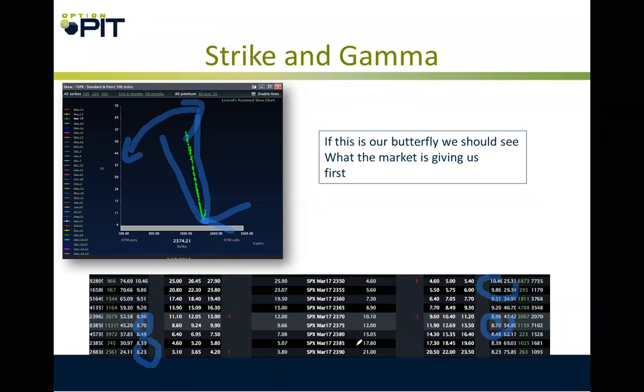If you think about it, if these options are moving a certain way on the tail and your straddle is moving a certain way a little differently, would that impact the value of the butterfly that you put on? Yeah. And it could be to a fairly large degree.